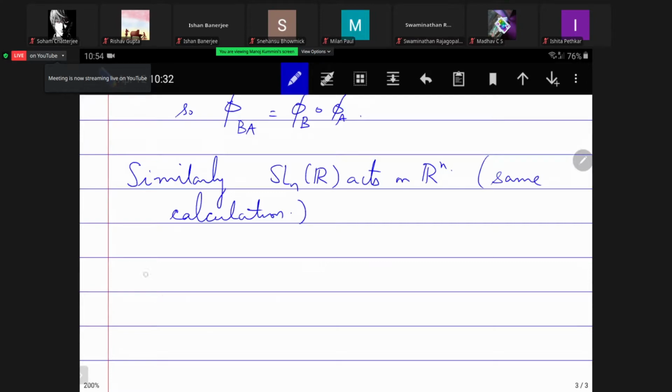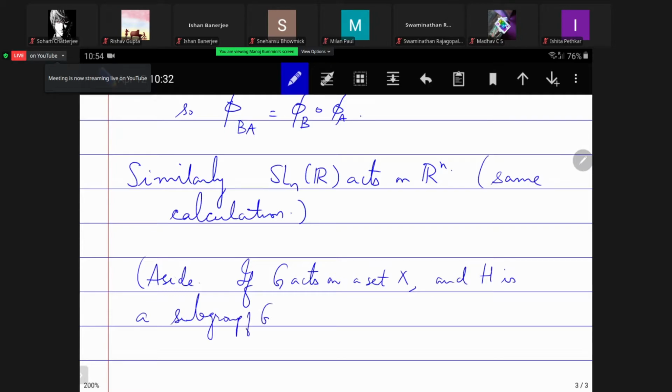Just as an aside, if G acts on a set X, and H is a subgroup of G, then the action of G on X restricts to an action of H.